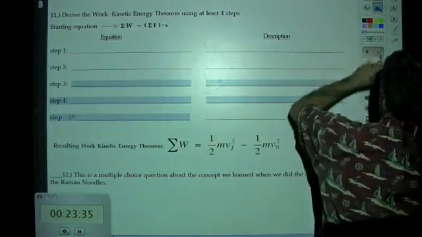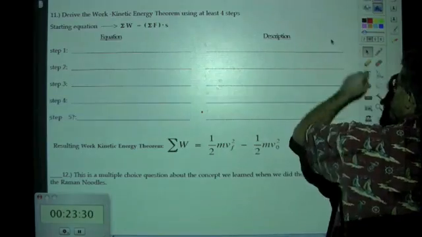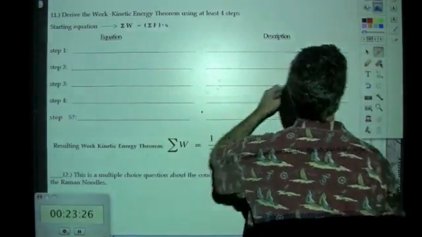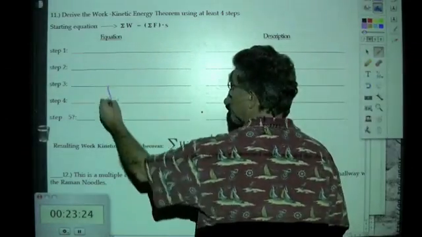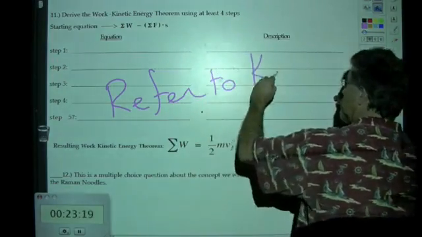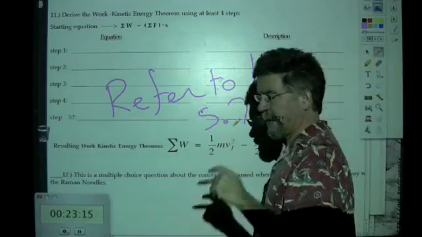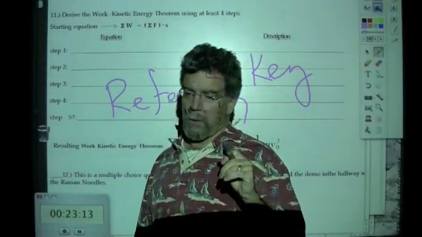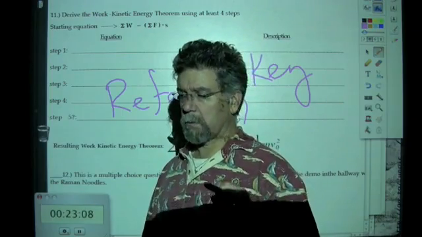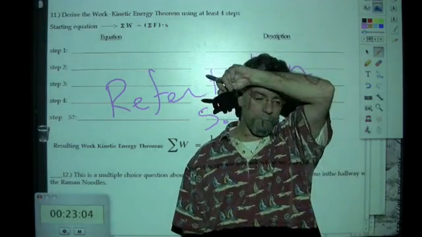You could do it in 4 steps, or you could do it in 5 steps. Refer to key 5.7. I will get that up.